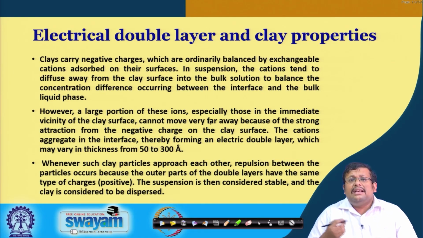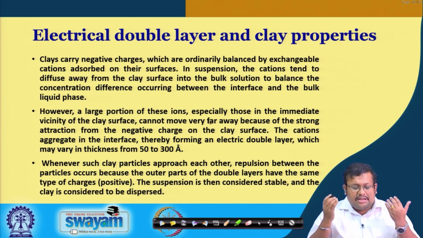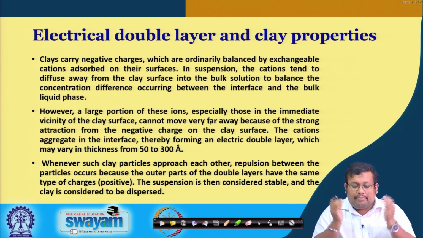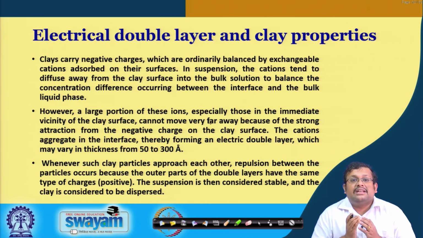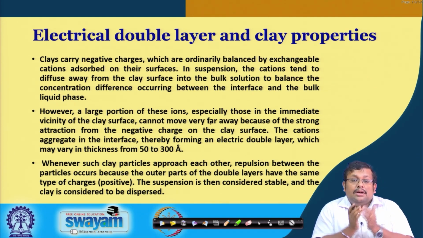Now, electrical double layer and clay particles. We know that clays are negatively charged. When these negatively charged clay particles approach each other, repulsion between the particles occurs, because the outer parts of the double layers have the same type of charge, which is positive.